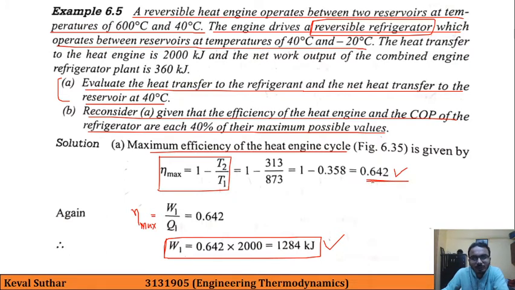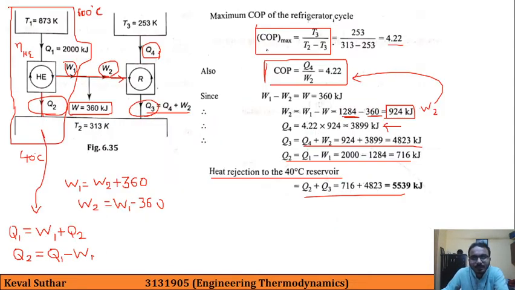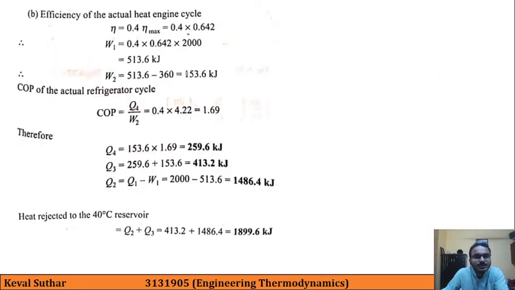We need to count only 40% of this, and out of this maximum COP, we need to count only 40% of it. So here eta is changed, so W1 will be affected and W2 will also be affected, as well as COP here. COP is also reduced by 40%, so it is now 1.69. So now the remaining calculations are as they were, with different values.